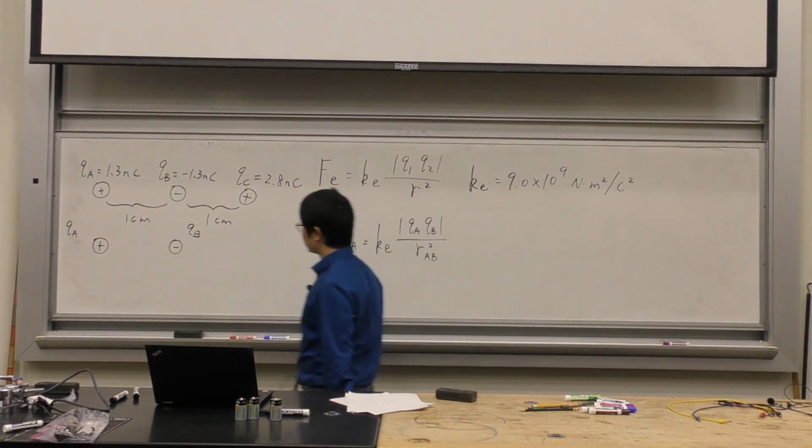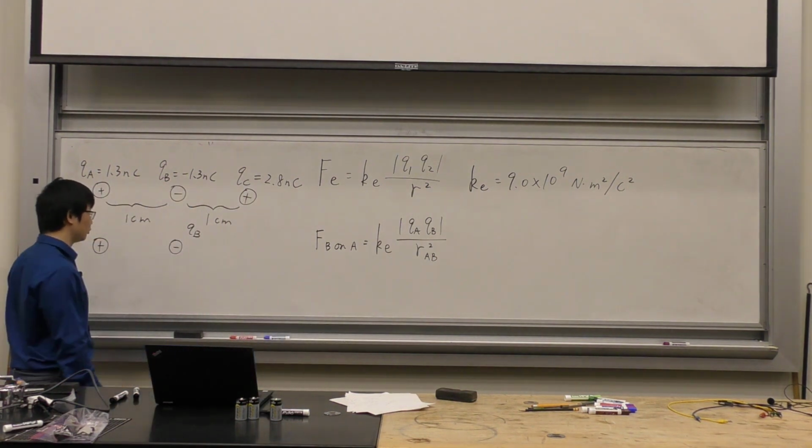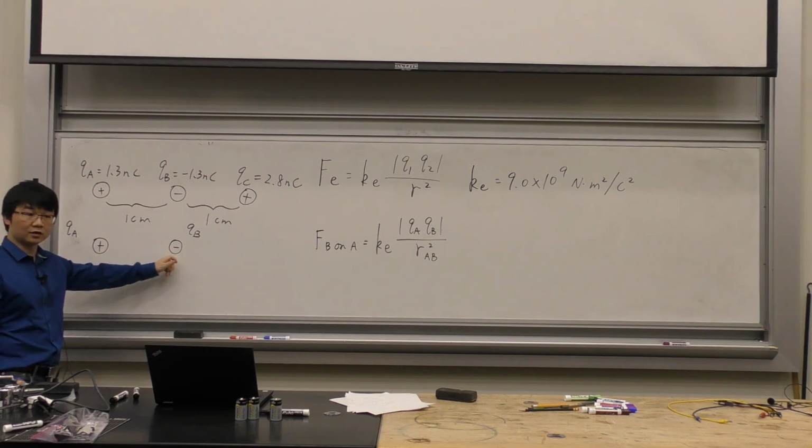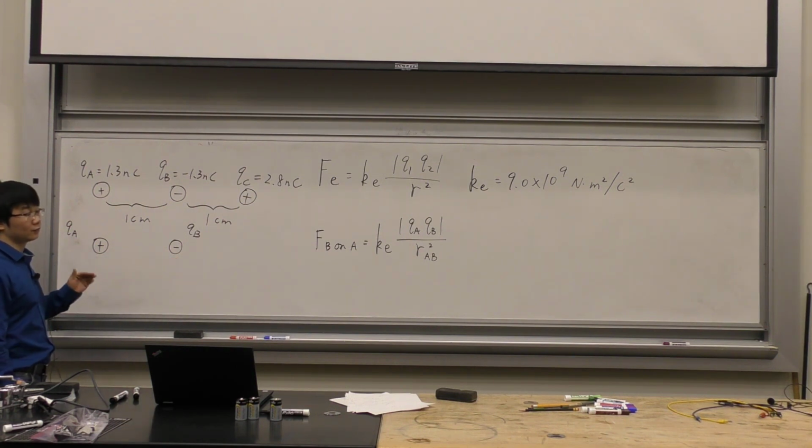For the direction of the force from B on A, you're going to draw an arrow on A. You don't draw an arrow on B, because we are focusing on the force on A. It comes from B, but it's on A. So I'm going to draw an arrow here starting on A. How do I know the direction of that arrow?